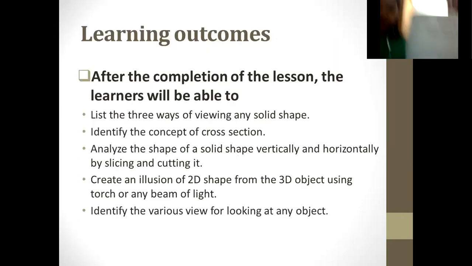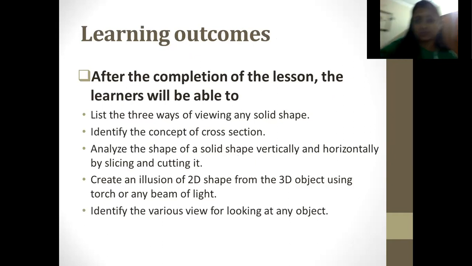First of all, let me tell you the learning outcomes for today. After the completion of this lesson, you would be able to list the 3 ways with the help of which we can convert the solid objects into some different shapes. Then you would be identifying the concept of cross section.